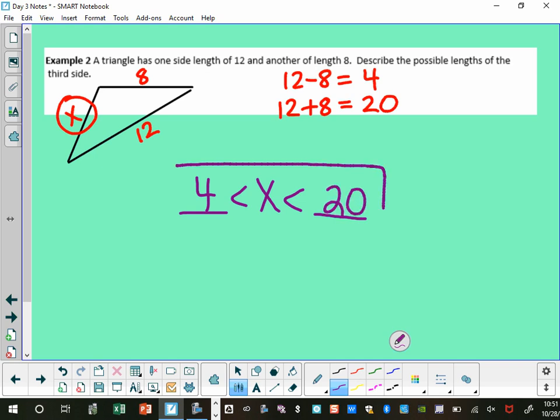So instead of us doing an inequality, which I think is a little bit harder, we're going to do a shortcut. They ask for a third side. We subtract both numbers, we add both numbers. Always subtract your small number from your big number. So that's your answer. This extra side over here could be between 4 and 20 for it to be a triangle.